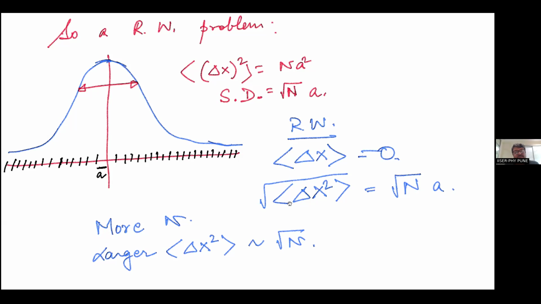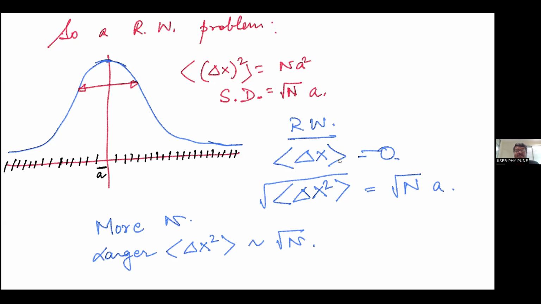And if you want a measure of how far, on an average, he or she, sorry, I shouldn't be gender biased, is going to be found from the origin, then delta x average is not a good quantity.